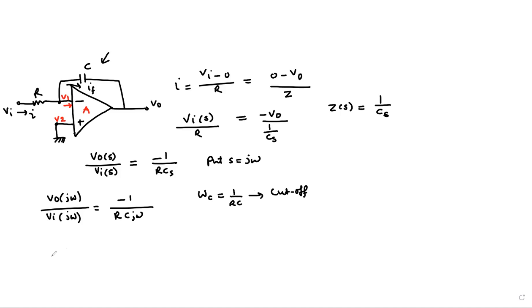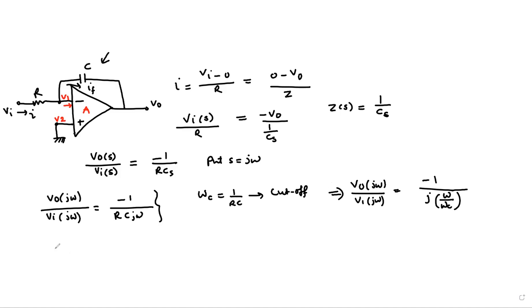So we simplify this expression. RC is 1 by omega C, so we just replace RC, that is equal to 1 over omega C.